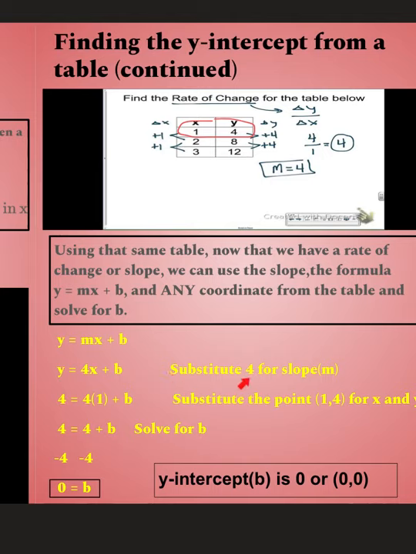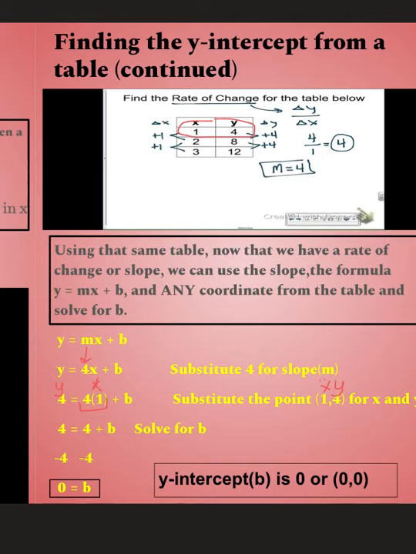You're going to substitute 4 for the slope. Then you're going to substitute the point that you chose, which was 1, 4, for x and y. This is your x coordinate, this is your y coordinate. So we put the 1 in for the x, and we put the 4 in for the y. Now you're going to work it out.